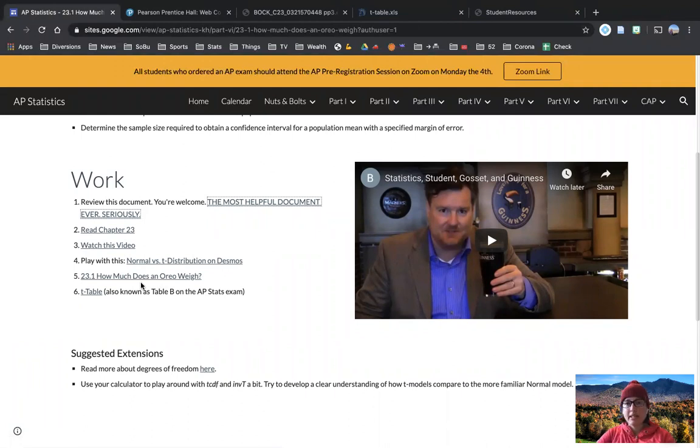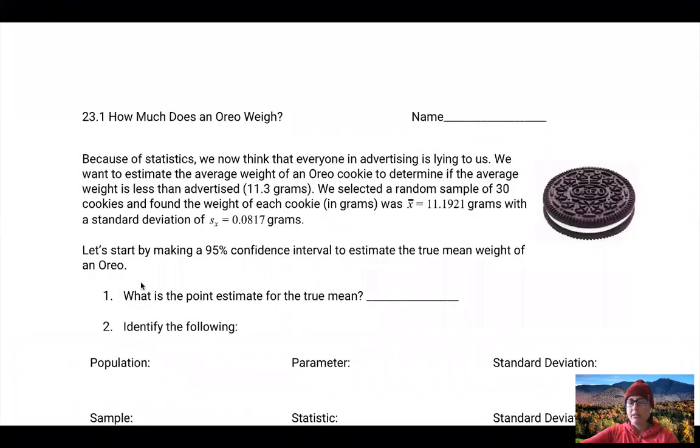So without further ado, let me share my iPad screen. So this is what you are going to be working on this week, and let's walk through it together. If you are sick of watching videos, you can just feel free to look at the filled out version of this in the class notes instead.